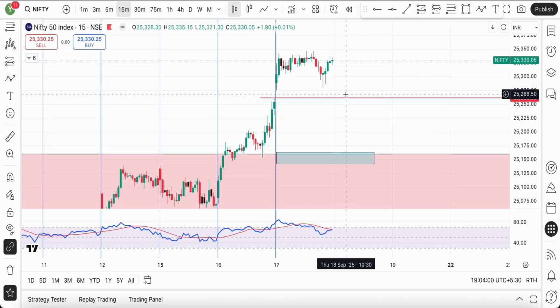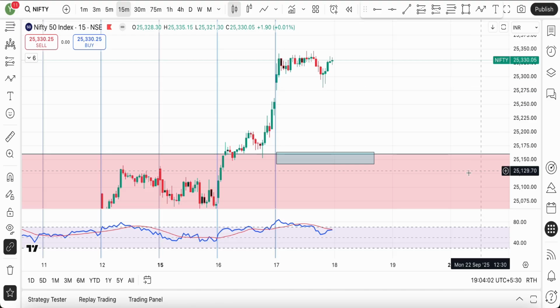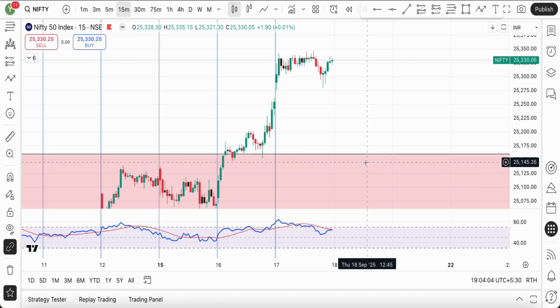Now, for tomorrow, there is an event in the US today, which is the Fed interest rate decision, which will be announced around midnight, between 11:30 and 12:30. And a lot of the US market price action tonight will depend on the outcome of that. The market is actually factoring in a rate cut, but in case Fed Chairman Powell does not give us the rate cut, we can see some negative sentiments in the market, which can also reflect in the Indian markets.